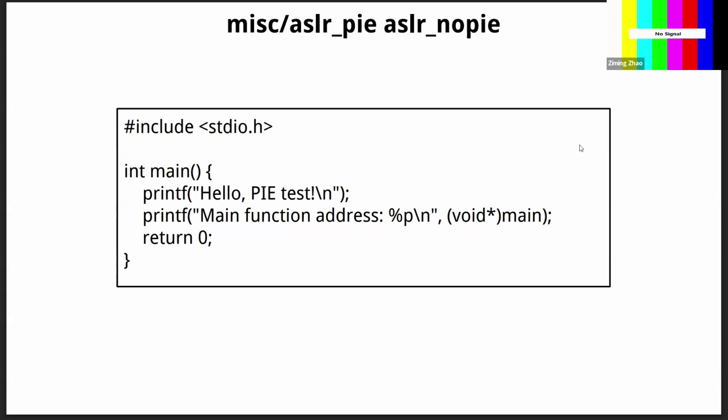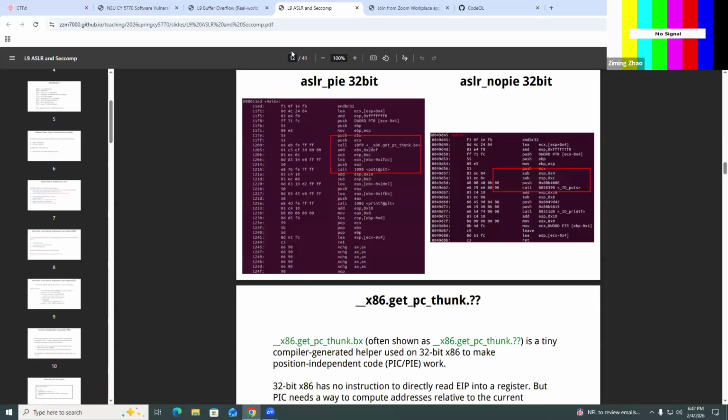The main function uses printf to show the main function's address. That's it. And we're going to compile this using 2 different options, one with PIE, one without PIE. So let's take a look.